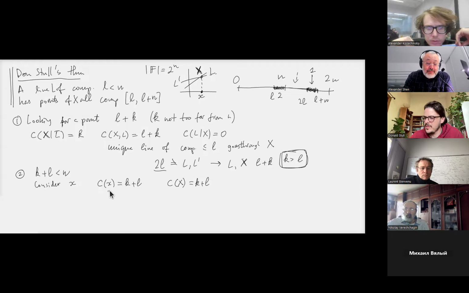So assume that complexity of L given x is 0.